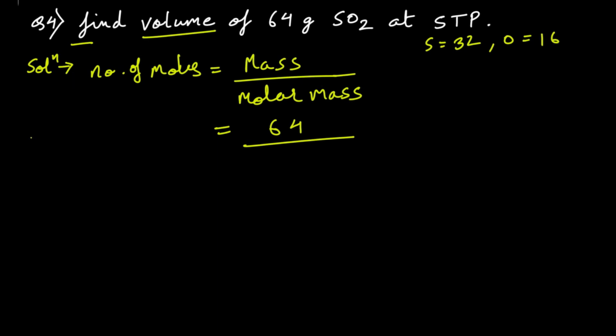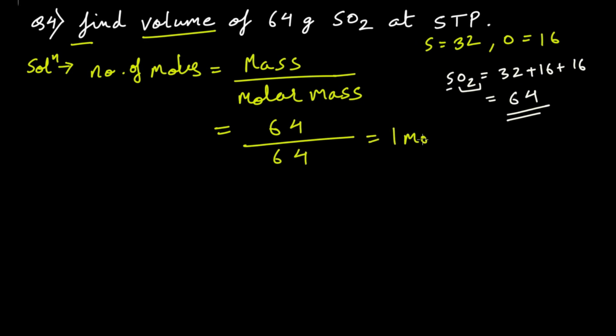So for SO2, molar mass of SO2 will be 32 plus 16 plus 16. Why? Because there is one sulfur and two oxygen. So final answer will be 64, right? So mass is 64 gram and molar mass is 64. So your answer will be 1 mole. Number of moles is 1 mole only.